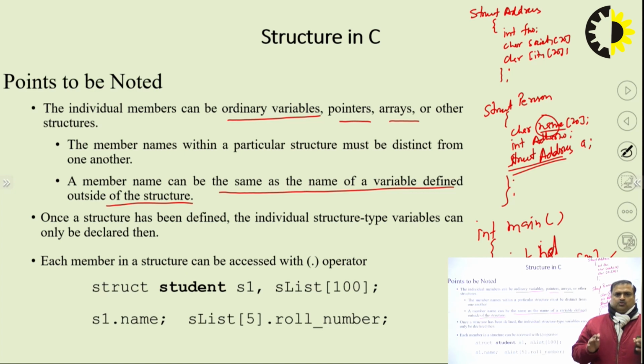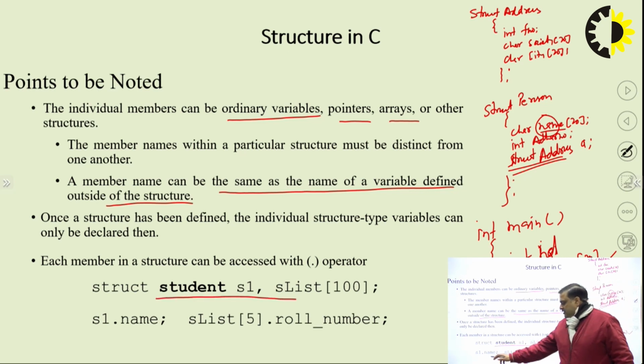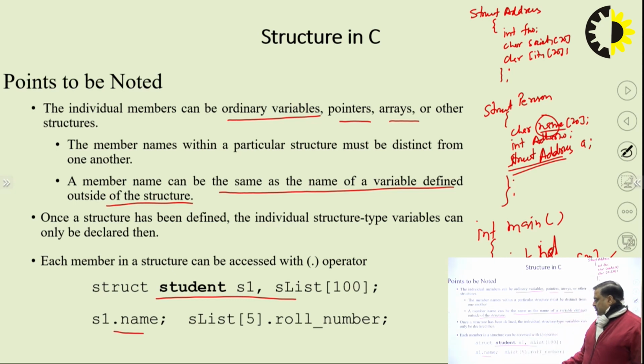Like here we have created struct student s1, and if we want to check the name, s1 dot name. If we want to check the roll number, as an array variable we can do this. So we can access the members of a structure using the dot operator.